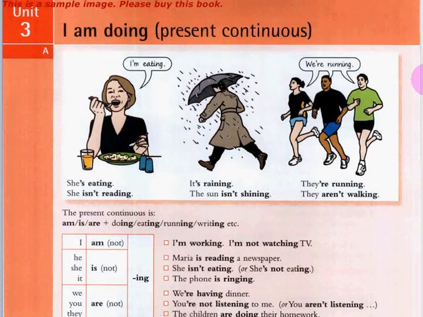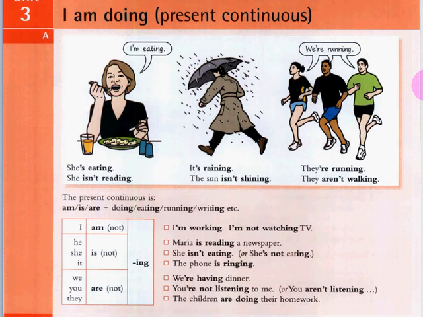Now, when we are writing the present continuous, you can write it in a positive or negative form. I always remind you that when we are writing sentences in the negative form, we often use the word not. Okay?